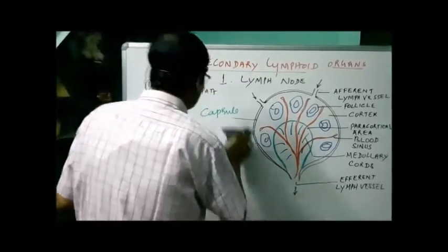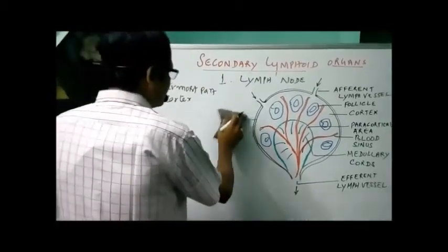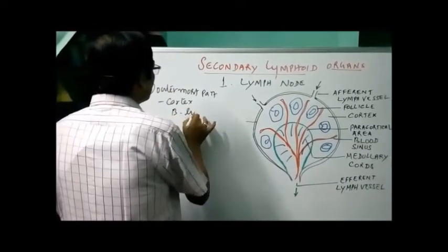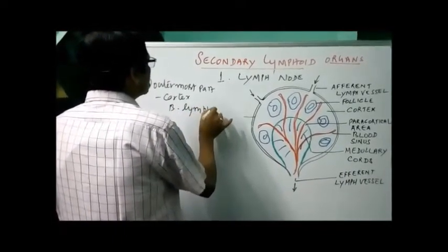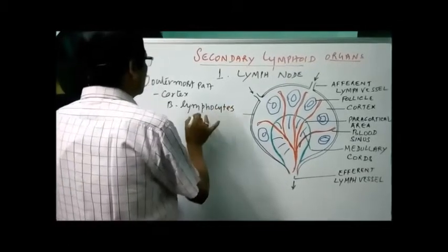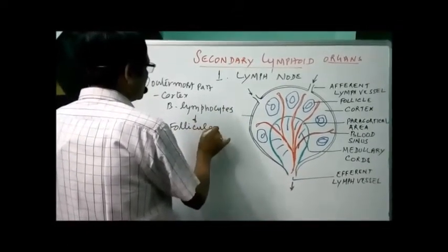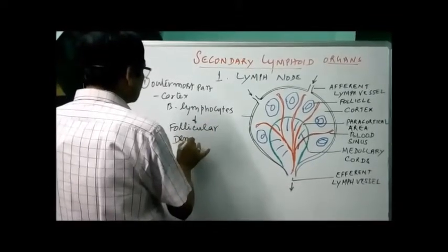What does the cortex contain? The cortex normally contains B lymphocytes and follicular dendritic cells.